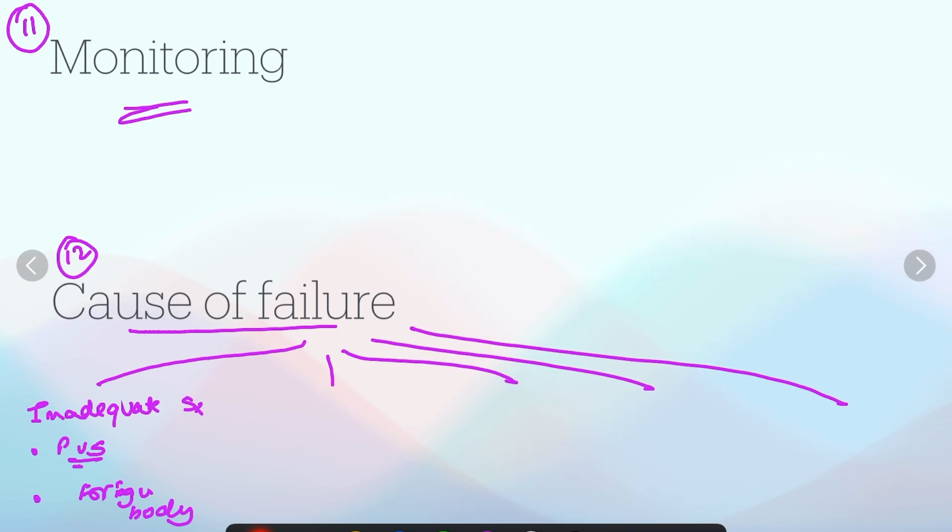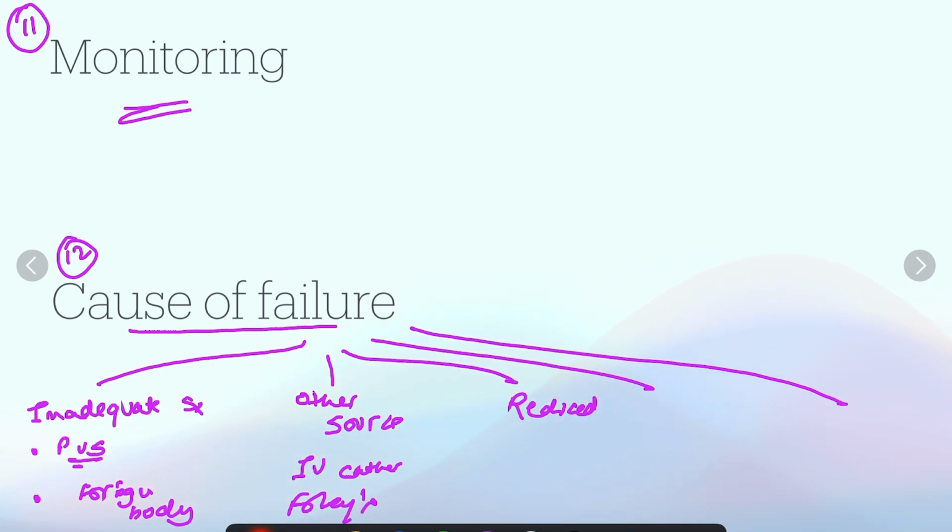Also, cause of failure can be other sources of infection like IV catheter or Foley's catheter. Reduced or compromised host defense can also be a cause for the failure of antibiotic coverage.